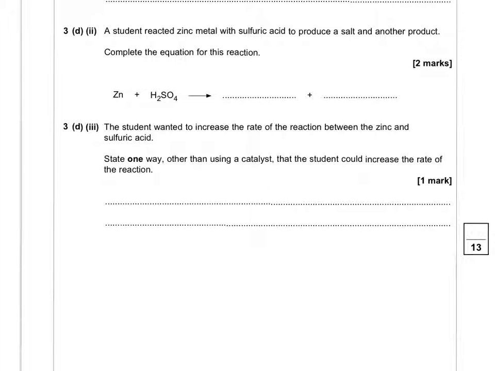A student reacted zinc metal with sulfuric acid to produce a salt and another product. Complete the equation for this reaction. So we know that metal plus acid goes to salt and hydrogen. Because this is a metal on its own.